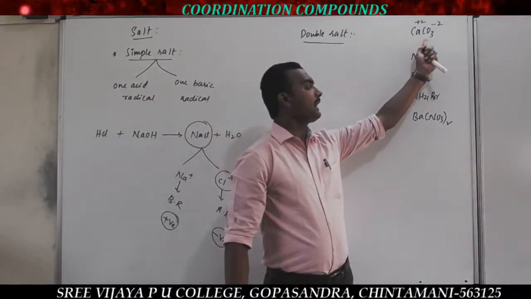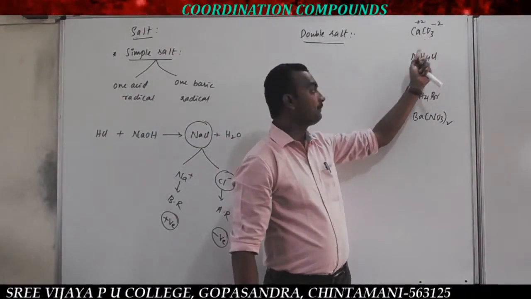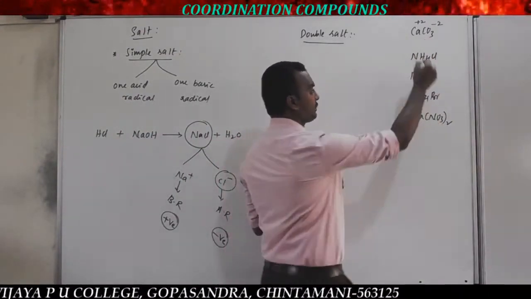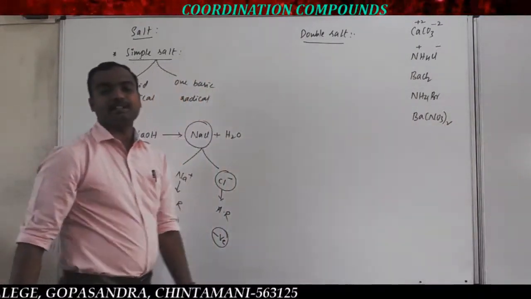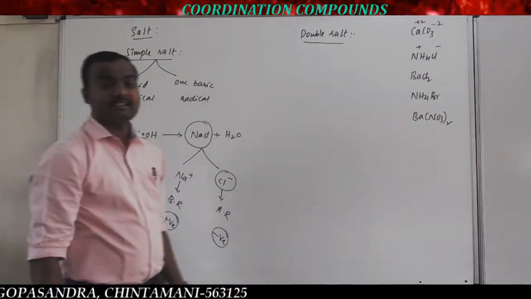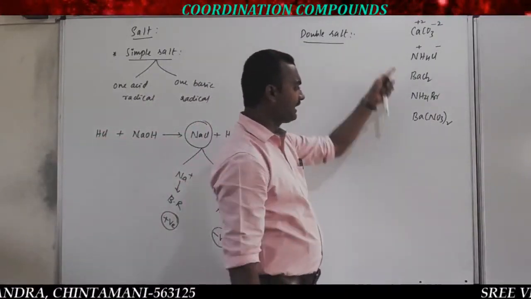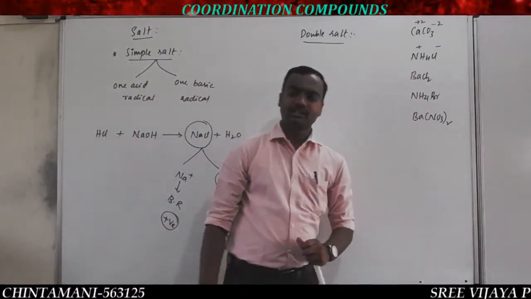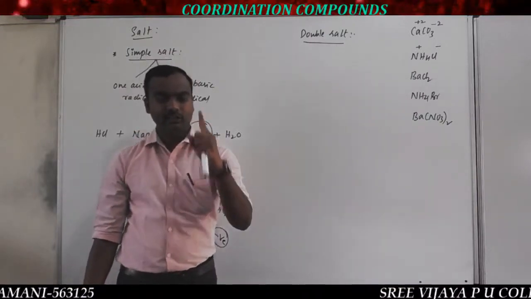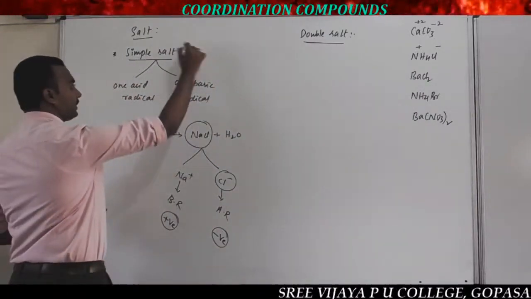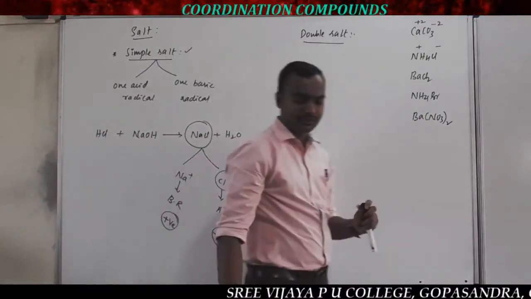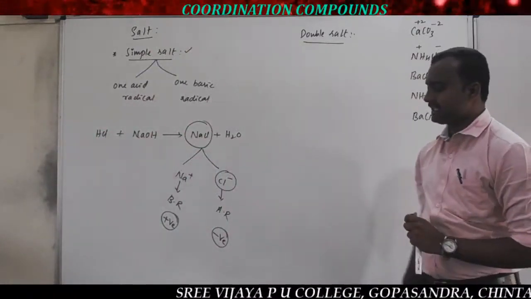Again in NH4Cl, NH4+ is taken as the basic radical, and Cl- is taken as the acid radical. Like that, in different cases, one acid radical and one basic radical make a simple salt. That is the meaning of simple salt, acid radical and basic radical.